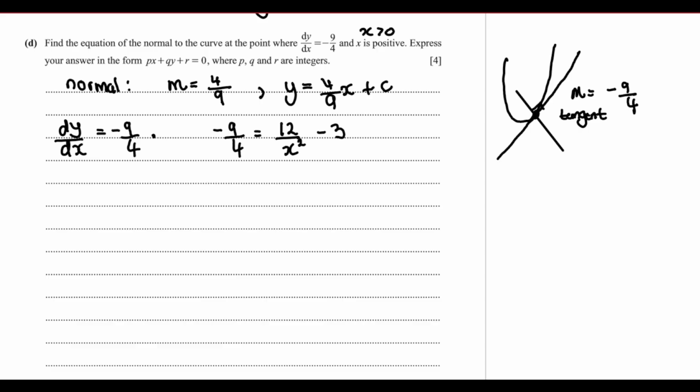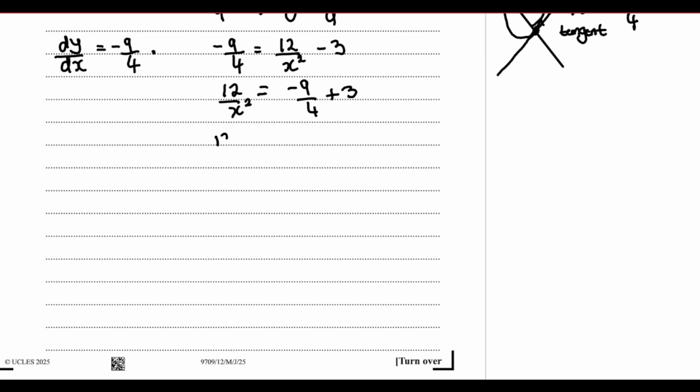We found that in part A. Now we can just rearrange this. 12/x² is negative 3 plus, no, I'm taking it from the other side. It's 3. Here we go. 12/x² would end up being 3/4.